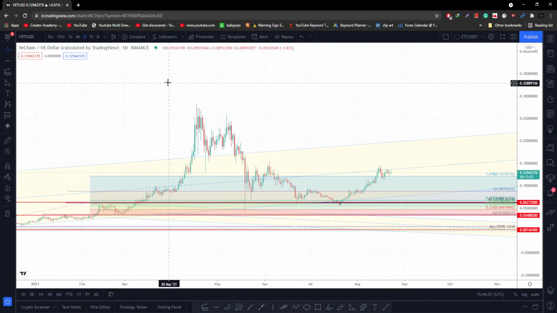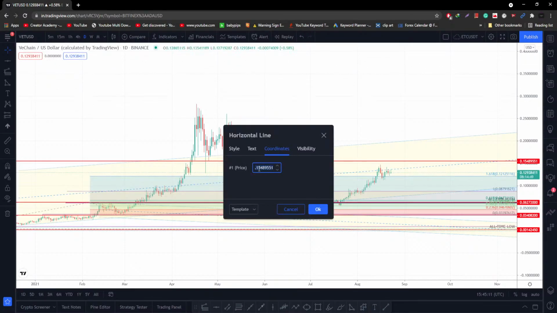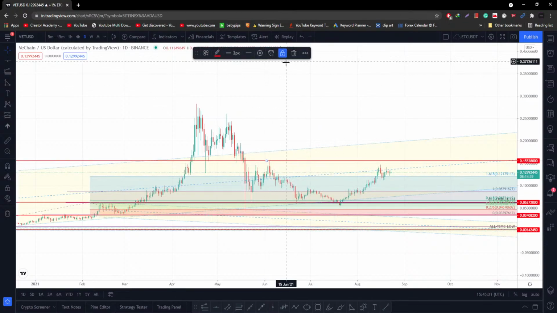On the daily, I must mark this high here, which is at around 0.155128. Okay, so I will lock it here, and I will expect the price to actually break higher than this one.